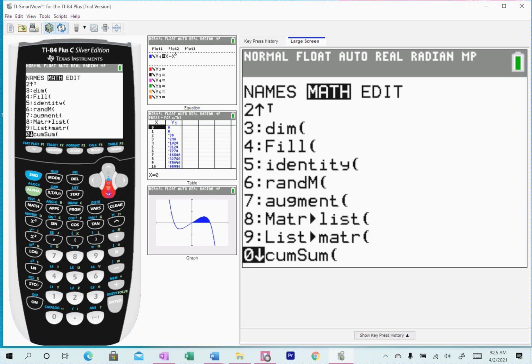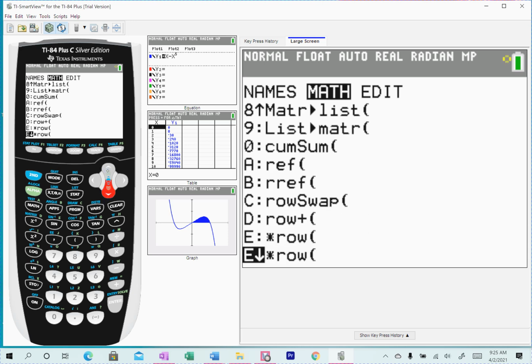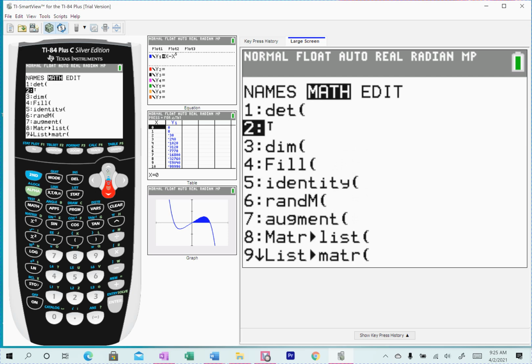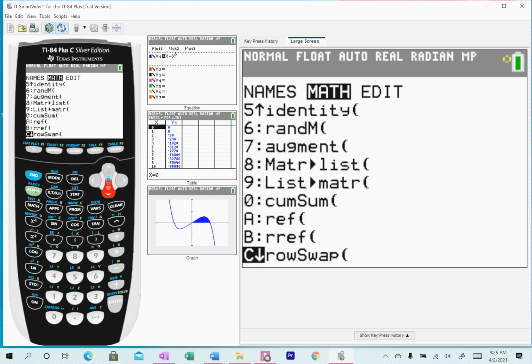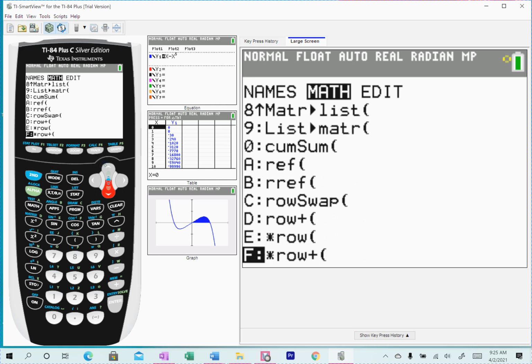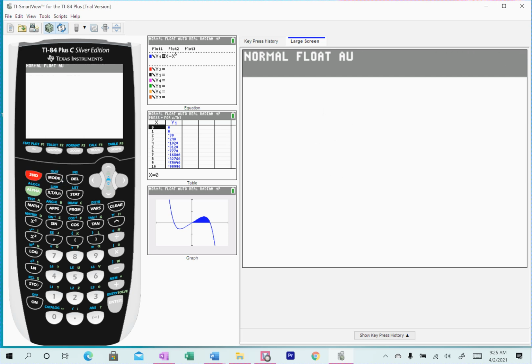it's off the page, it's all the way down at B, and you want to make sure you pick the RREF.